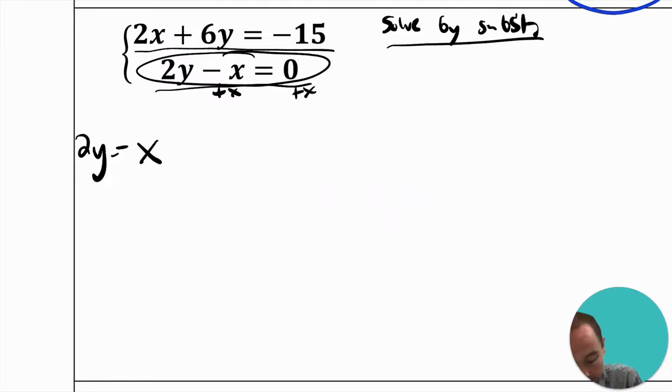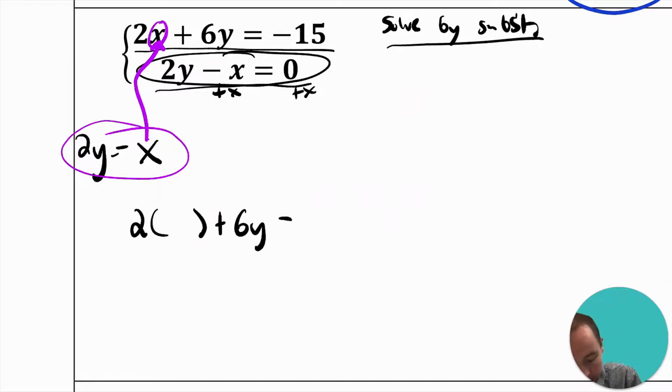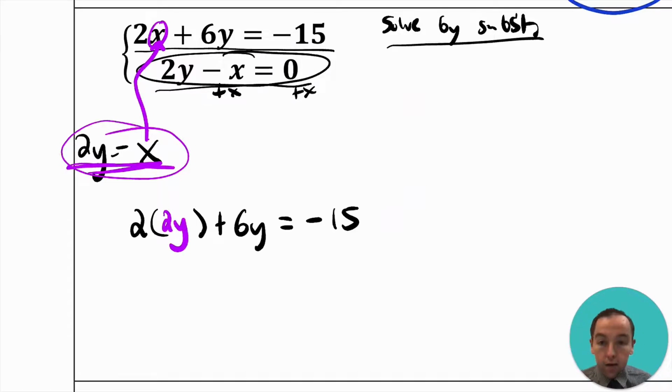And so now I can take that and substitute into the other equation. The other equation being 2x plus 6y equals negative 15, what's going to go there instead of x is 2y, because we figured out from the second equation of the system that x is equal to 2y.